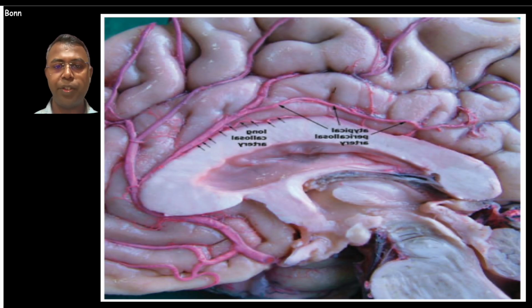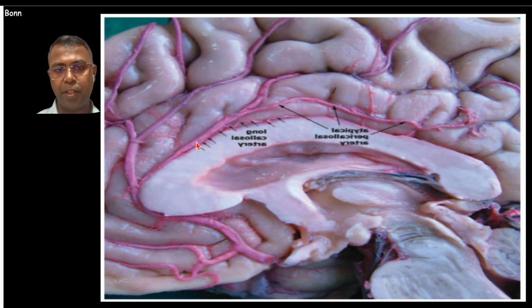To give you more insight, we can see that this is the A2 segment, and from there this is the inferior orbitofrontal artery which arises, and this is the frontopolar artery which arises. At the level of the genu, this A2 segment of the anterior cerebral artery divides into two branches.